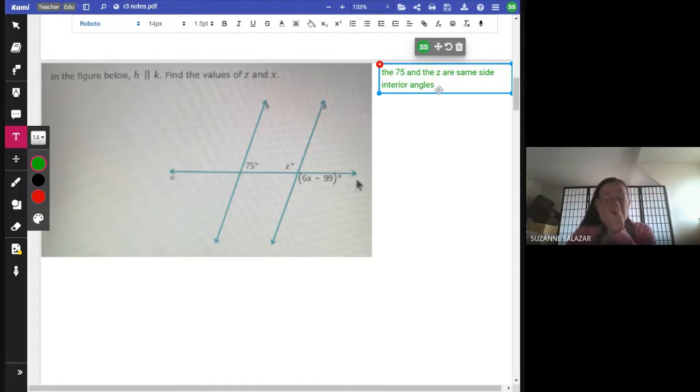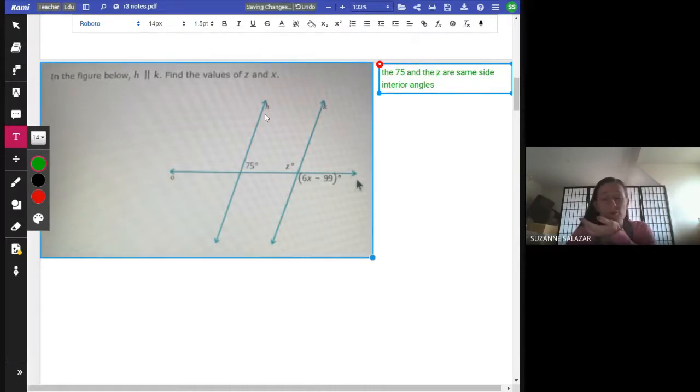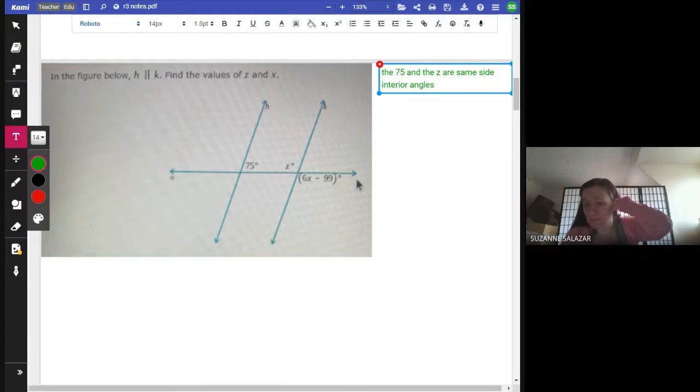Those aren't the names of the angles, but because there are no points named, I can't actually name those angles. So I'm just going to refer to them by their measures. The 75-degree angle and the Z angle are same side interior angles.